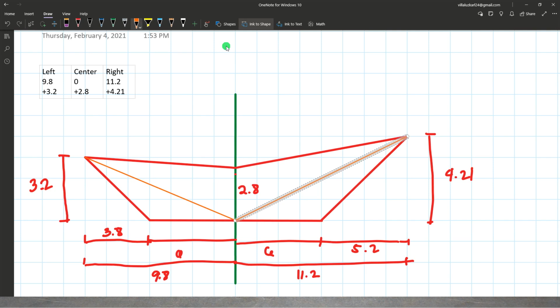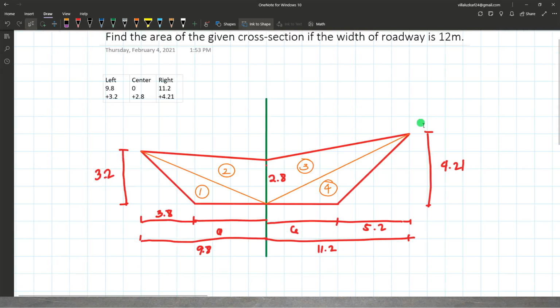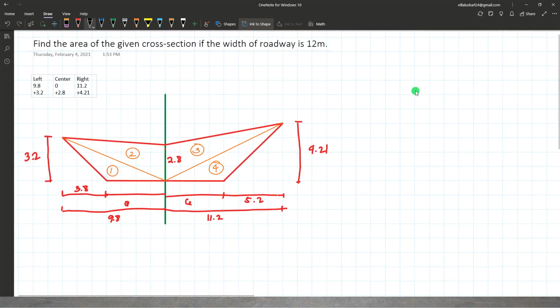As we connect these, we form several triangles. This one, two, three, and four. So we have 4 areas. The total area should be the sum of area 1, area 2, area 3, and area 4.